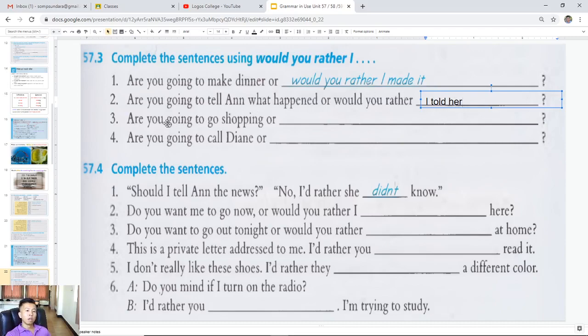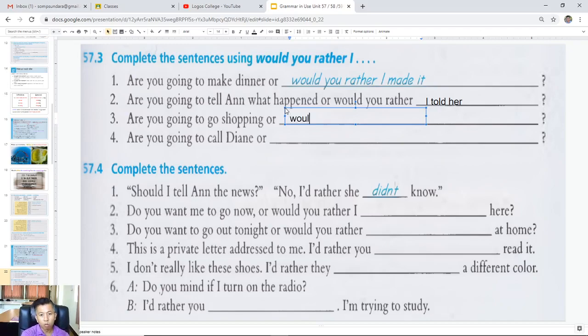Number three, are you going to go shopping, or would you rather I did it? Okay. Because the phrase is to do the shopping.